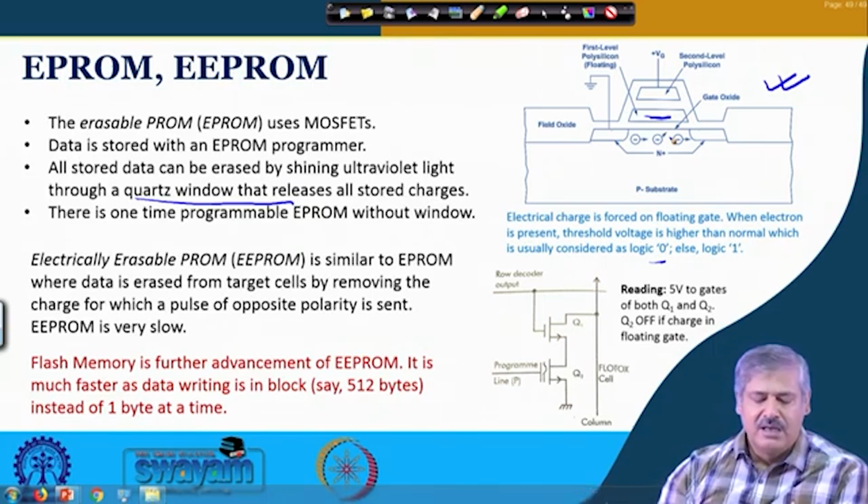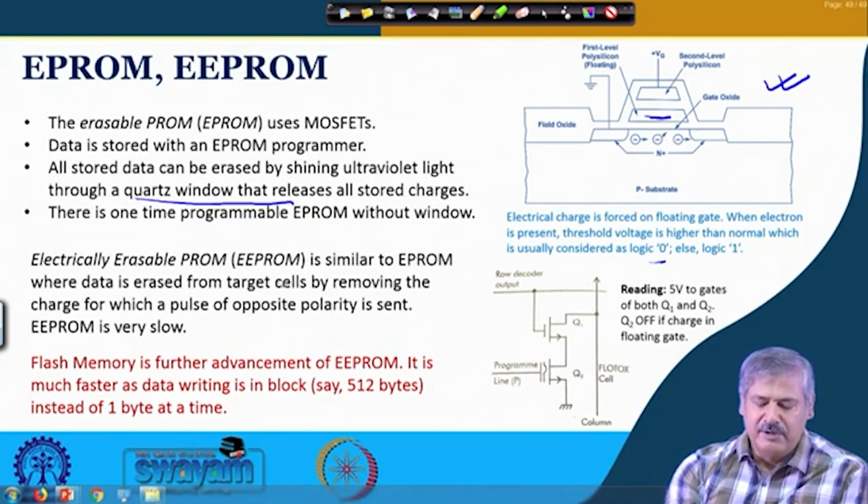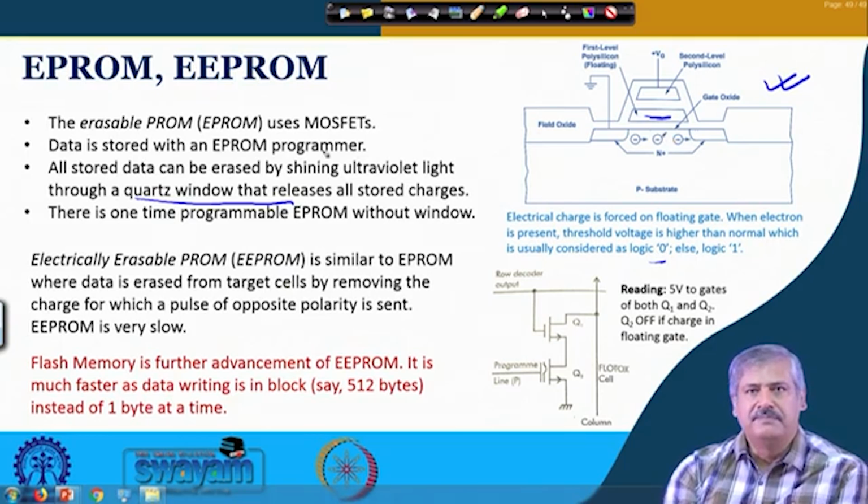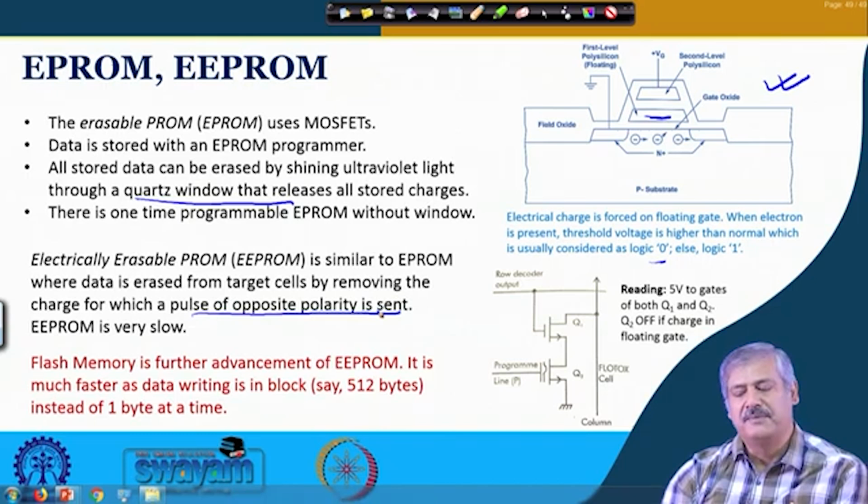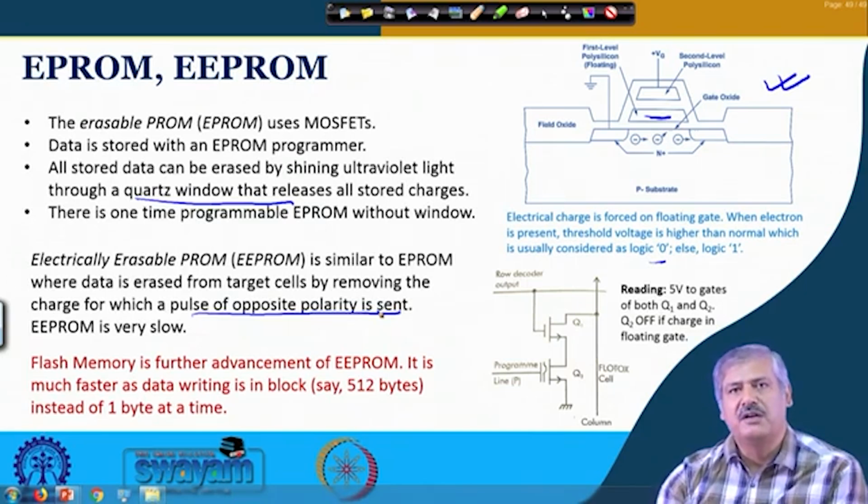And in electrically erasable PROM, so that is normal EEPROM, where ultraviolet light is used for erasing purpose. In electrically erasable PROM, the data is erased by removing the charge using an electrical pulse of opposite polarity. Instead of UV ray, now an electrical pulse of opposite polarity is used for erasing.